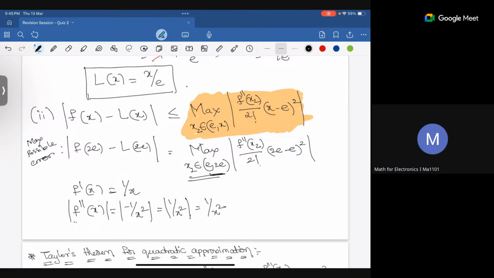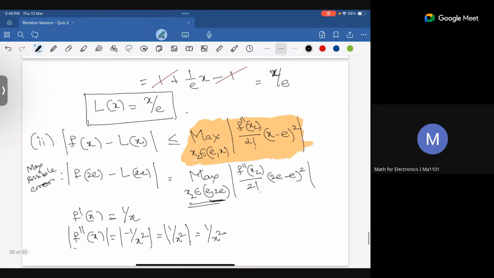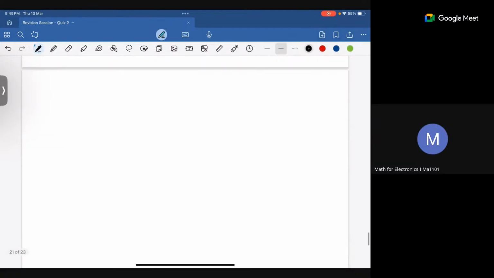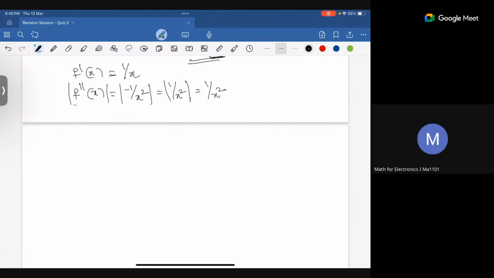So the mini goal is to find the maximum value of f double prime of x, which is 1 by x square, in the interval e to 2e. We are interested only in this interval.